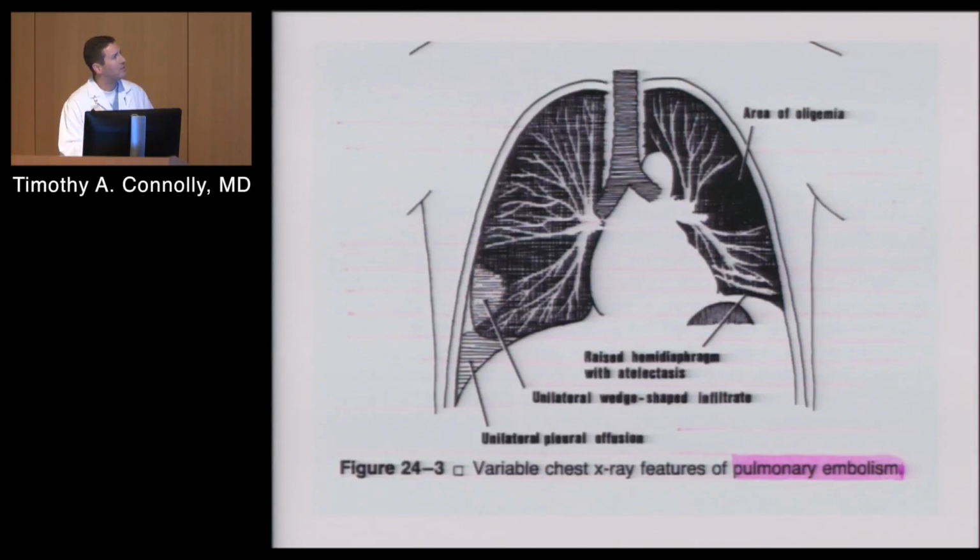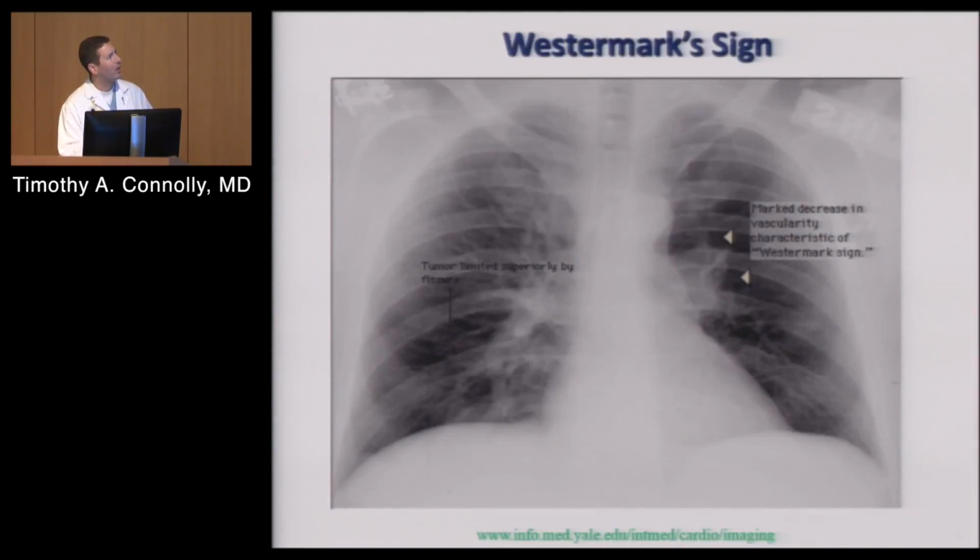For pulmonary embolism, again, this is somewhat academic. I'm not going to belabor this. There are a number of findings that are classic and are written in the literature for pulmonary embolus on plain chest X-ray. In today's world, where anyone who shows up to the emergency room and says, my left toe hurts, they get a CT angio PE protocol, right? We never look at chest X-rays for PE anymore.